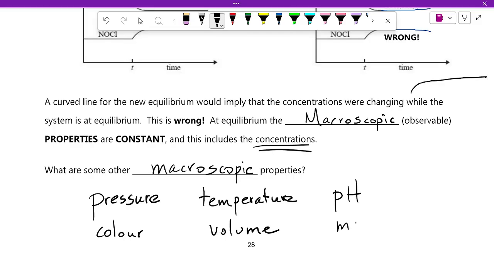Mass. That's a pretty good list. Trying to think if we've missed anything. Not really. There might be other things, but those are kind of the important ones.